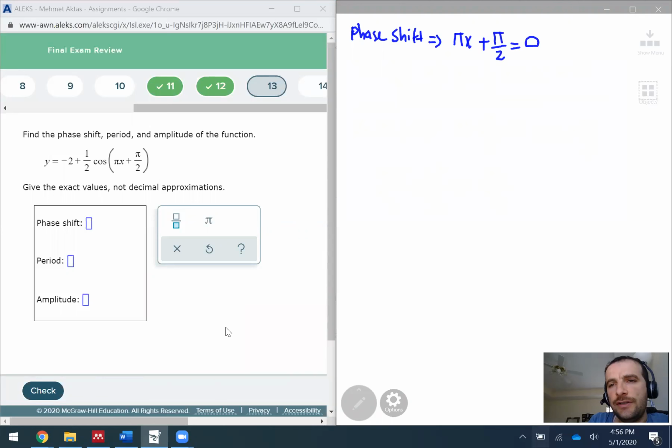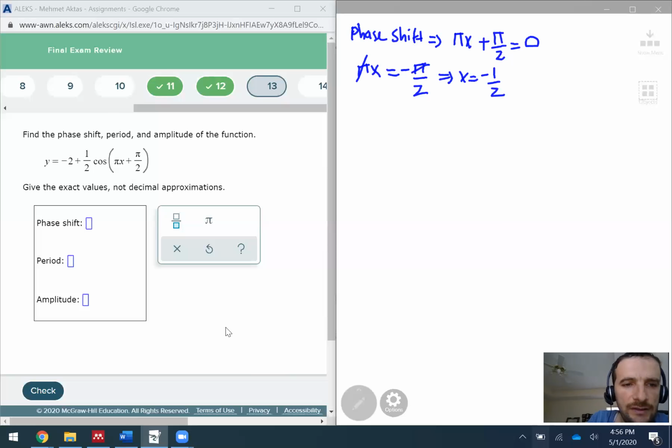Let's solve this, right? So pi x equals minus pi over 2. And I can simplify those pi's. X is equal to negative 1/2, right?